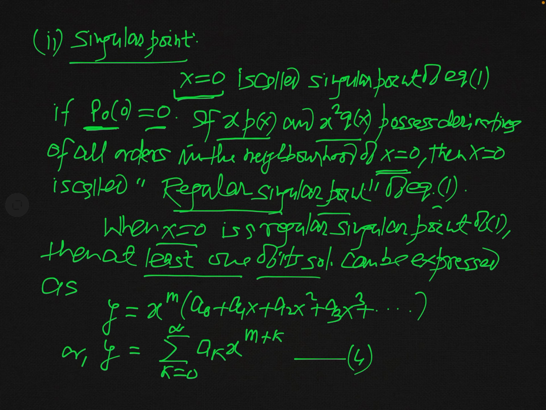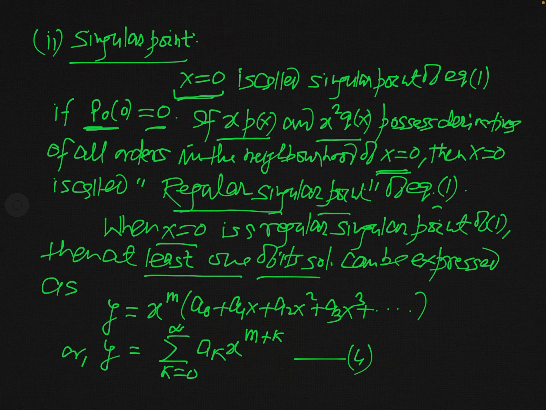And if x equal to 0 is a regular singular point of this equation, then at least one of its solutions can be expressed in this manner: y equal to x to the power m into a naught plus a1 x plus a2 x square plus a3 x cube and so on. And equivalently, you can write y equal to summation over k running from 0 to infinity a_k x to the power m plus k.